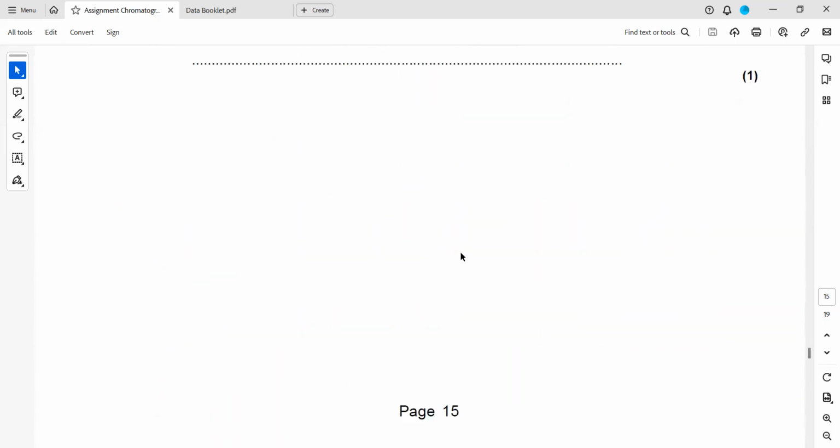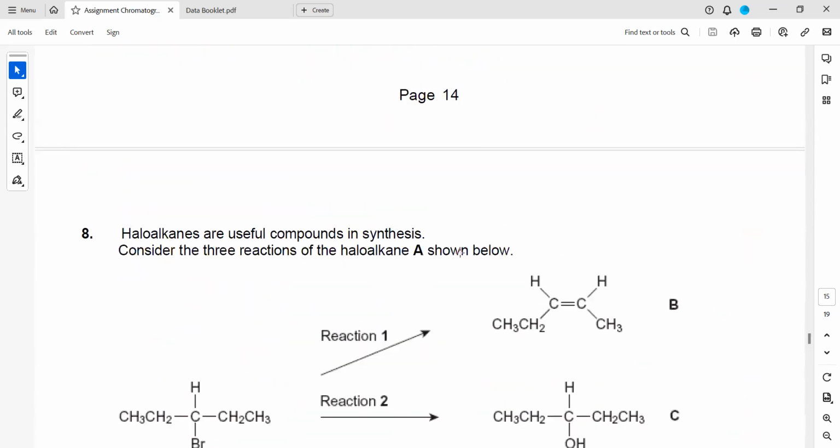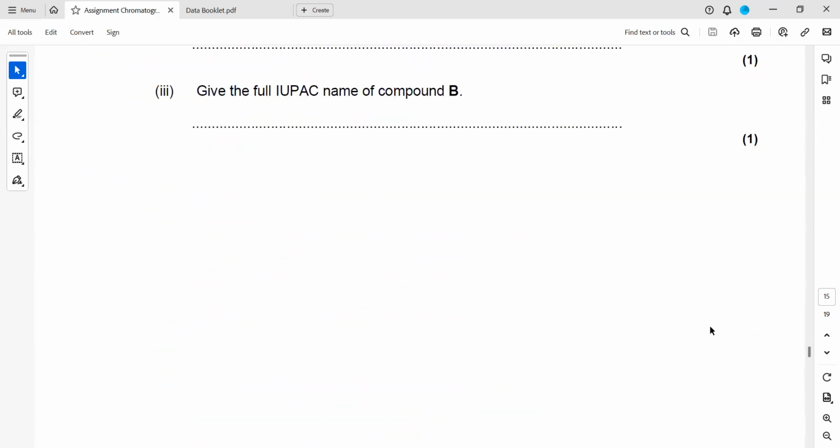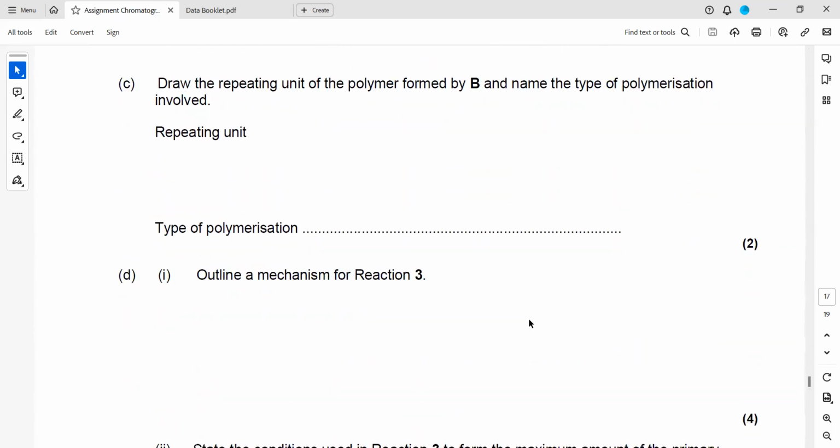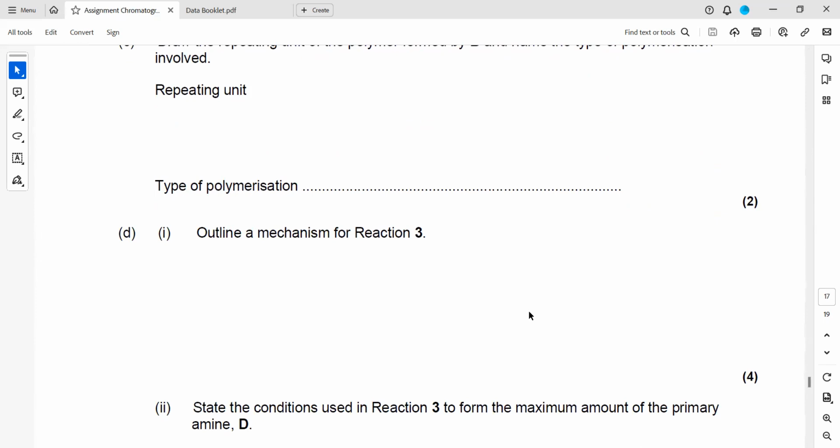This is question number 8, page 17. Outline the mechanism of reaction 3.